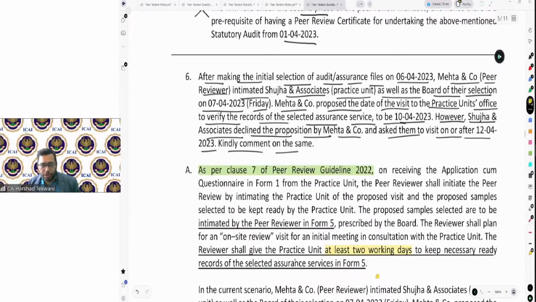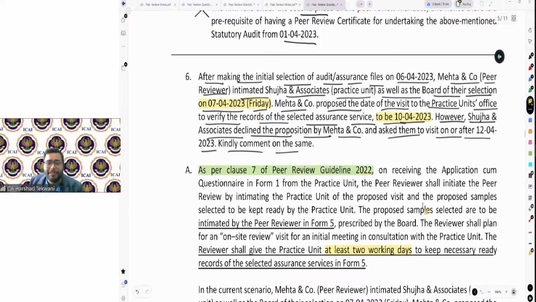Now, in the current portion, if you see, samples are selected on 7/4/2023, that was Friday, and on 10/4/2023 the visit was planned, that is the immediately next working day. So 2 working days are not provided over here. At least 2 working days are required to be provided. Hence, you can say that the proposition by the Mehta and Associates to visit the office on 10/4/2023 is not as per clause 7 of the peer review guidelines.